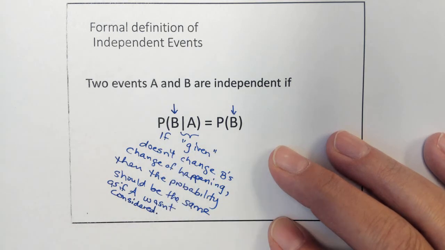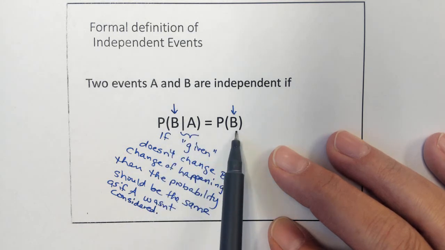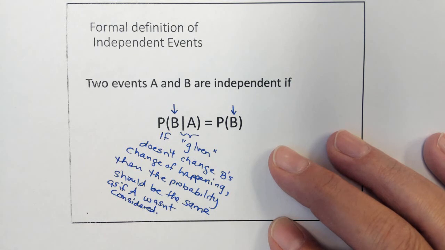And the two sides would be equal. So if given A gives you the same probability as not given A, then A didn't change B, and the two events are independent.